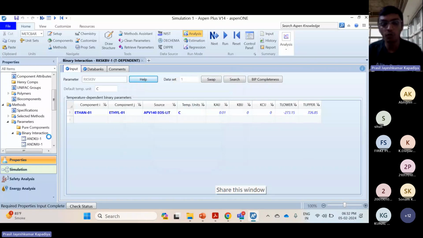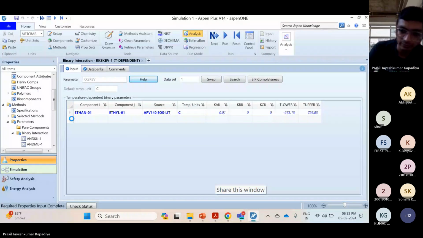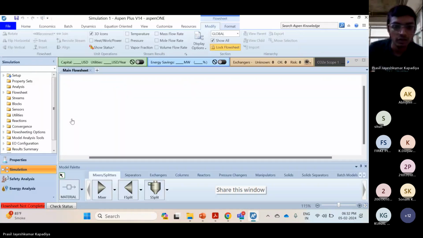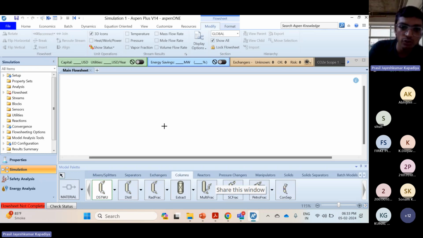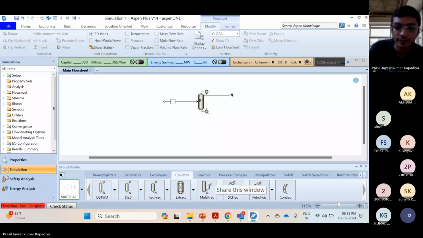Now we'll go for simulation. In columns, this is DSTWU that we are supposed to use. I have used DSTWU, materials, okay.